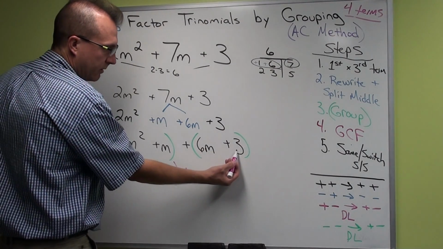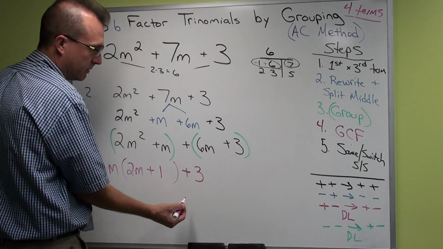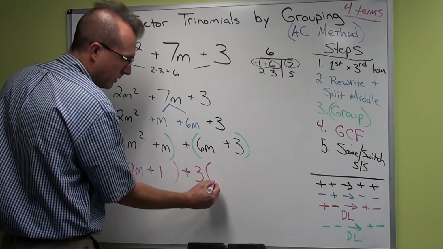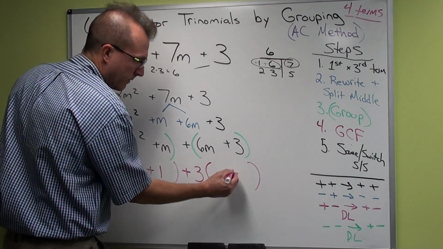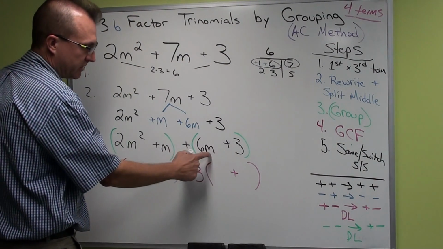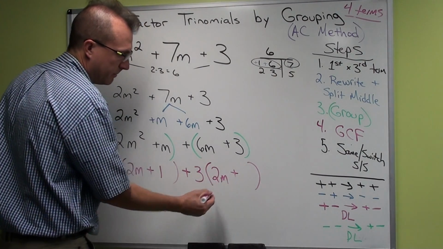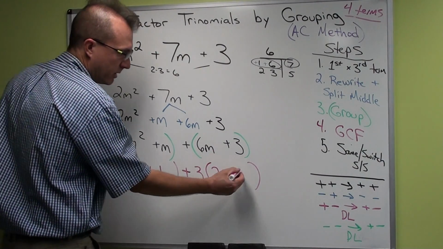Let's pull out 3 goes into 6, so that means we can pull a 3 out. And that's just going to be our setup. 6m divided by 3 will give us 2m. 3 divided by 3 is 1.